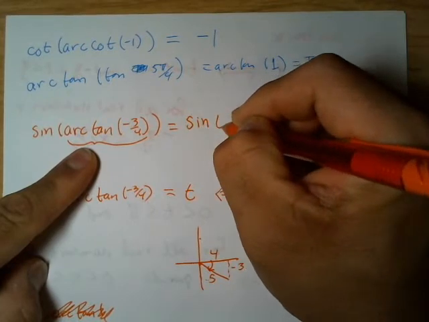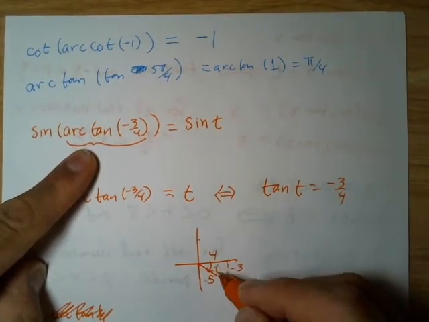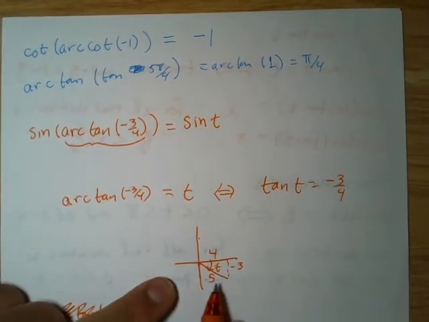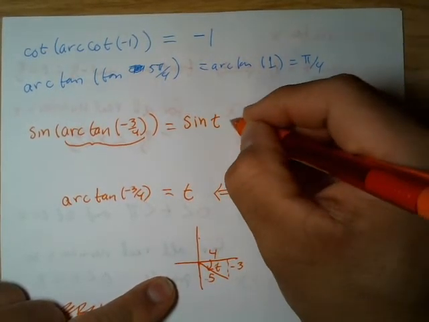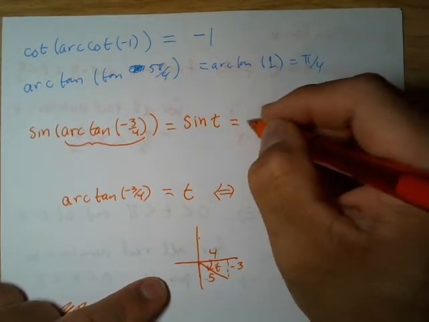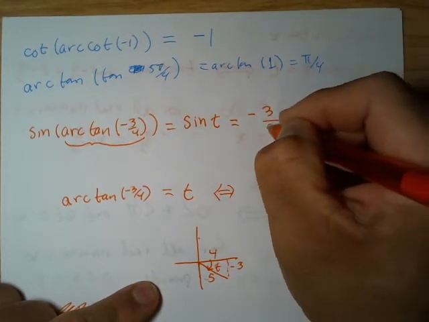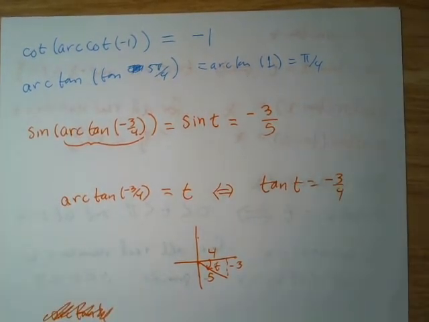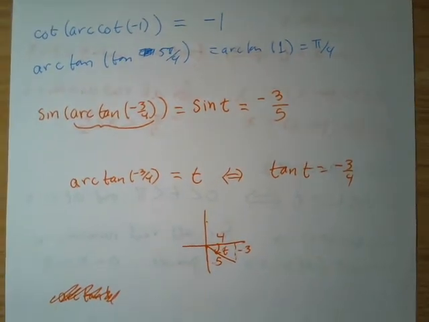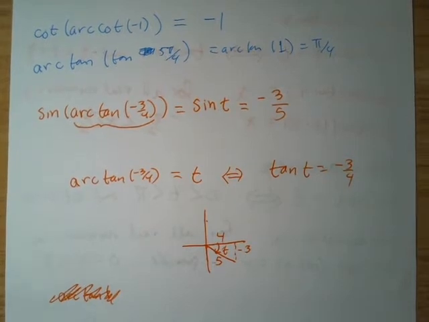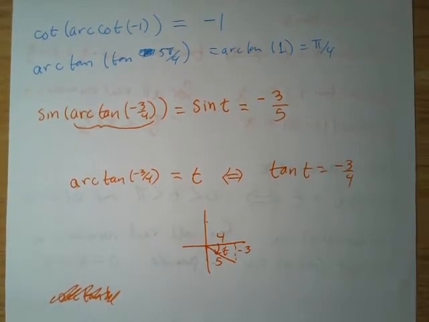Sine of t we can get from our triangle here, and that is negative 3 over 5, opposite over hypotenuse. Okay, so that's how you work with compositions of these mixed values here.